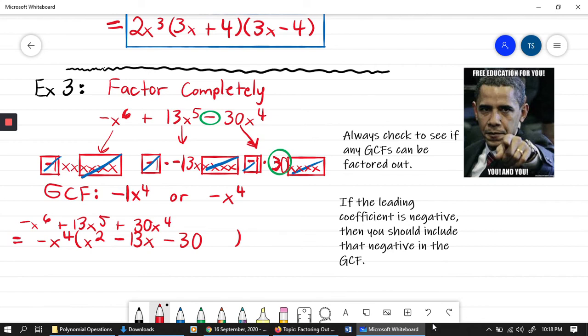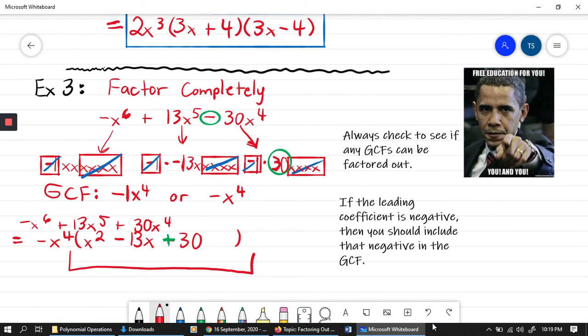And so if that was the case, then this 30 right here would have been a positive 30 when you take out the negative 1 as the GCF. This would have been positive 30. Okay, and so I am changing this to plus 30. Okay, so that got changed.